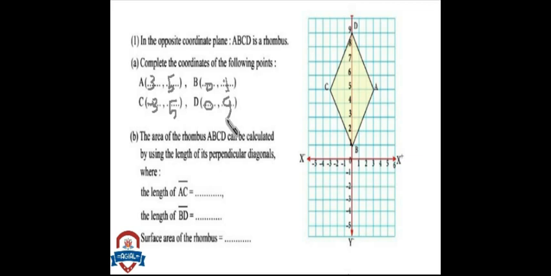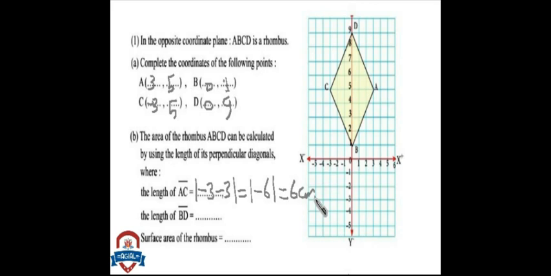So we can use the straight line XX dash to find the distance. C equals -3 and A equals 3. The absolute value of -3 minus 3 equals the absolute value of -6. The absolute value of -6 equals 6 centimeters.